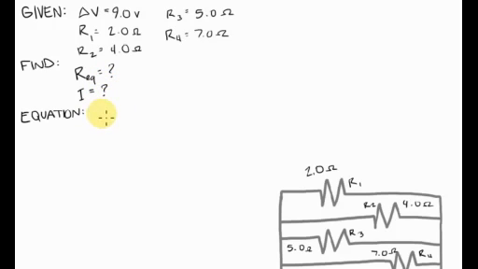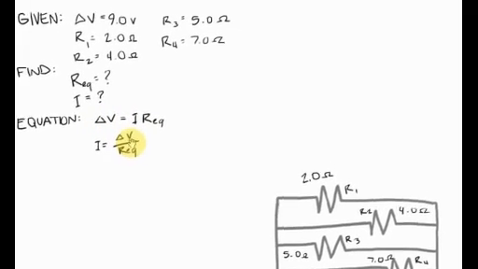For solving that one, delta V is equal to I times the equivalent resistance. And the other equation to solve for I is I equal to delta V over the equivalent resistance. And that's just a rearrangement of this equation right here.